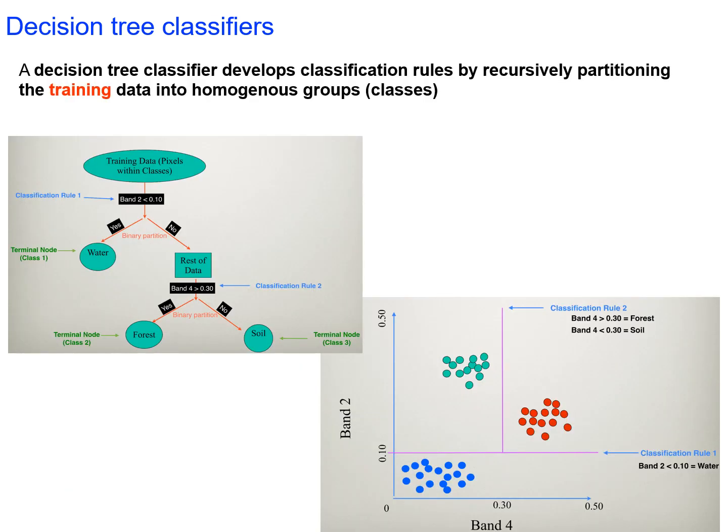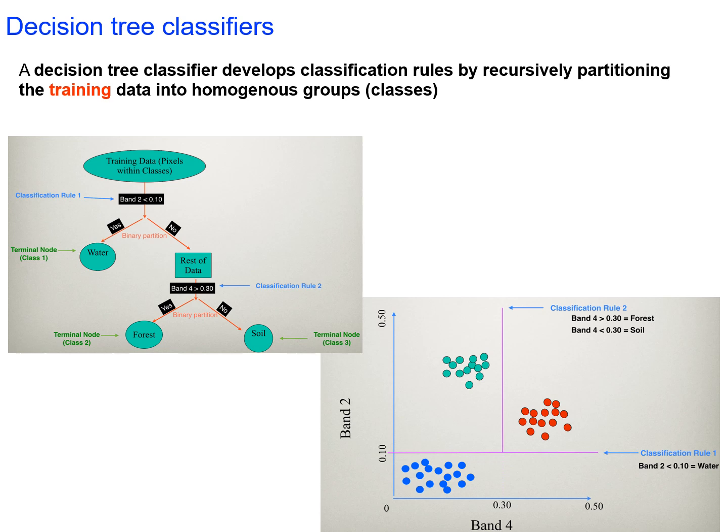So decision tree classifiers develop classification rules by recursively partitioning the training data into homogeneous groups. So here we have three groups: red, green, and blue. Blue is water. Red is forest, and green is soil.